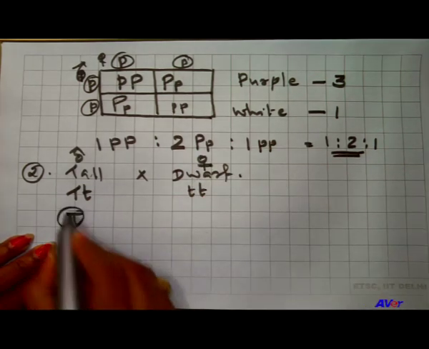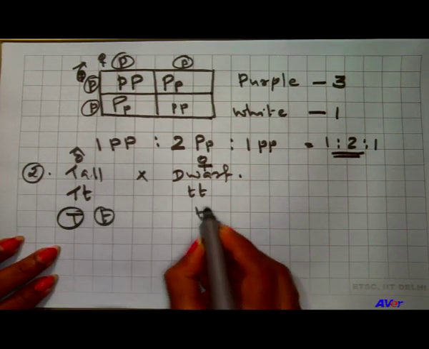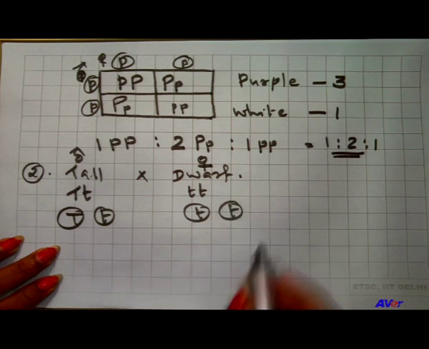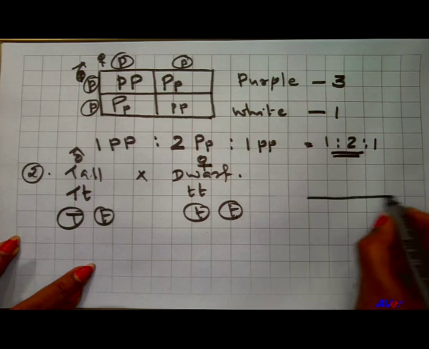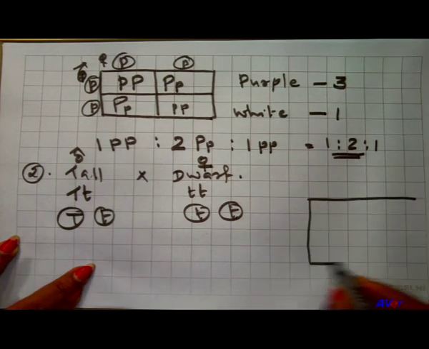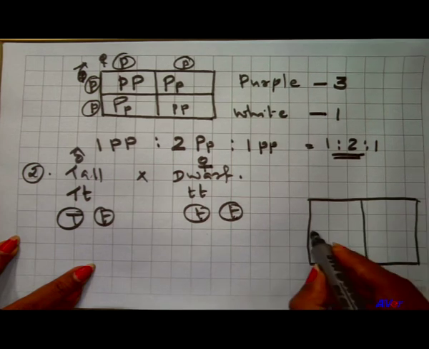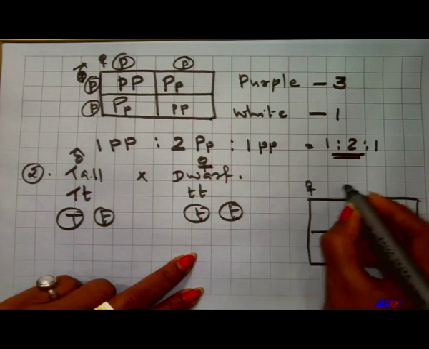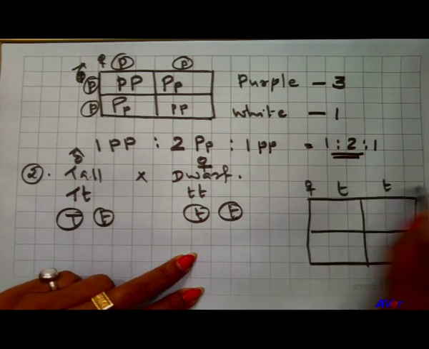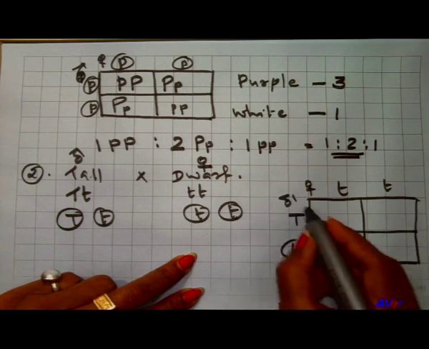Now, the gametes are capital T, small t, here it is small t, and we have to represent it again in the Punnett square. Female gamete small t, male gametes capital T, small t.